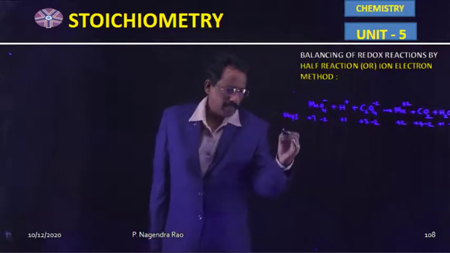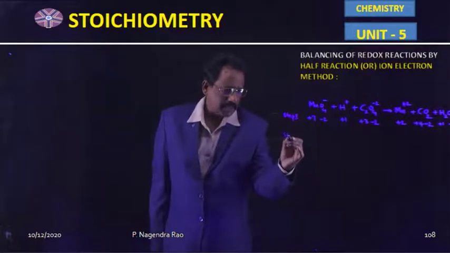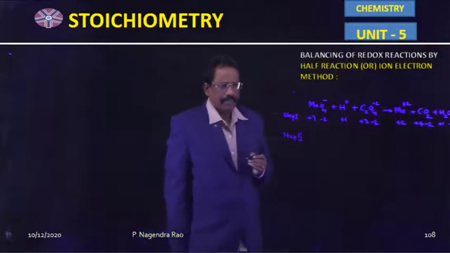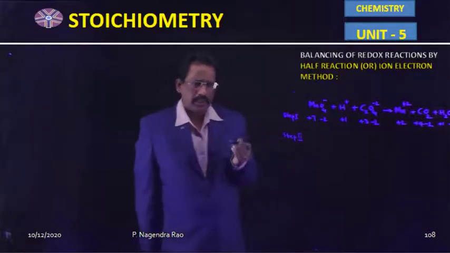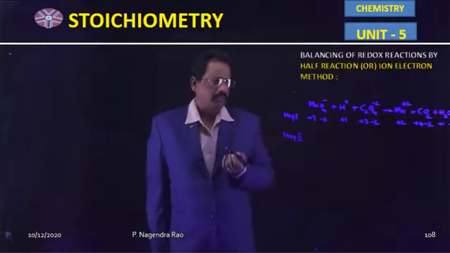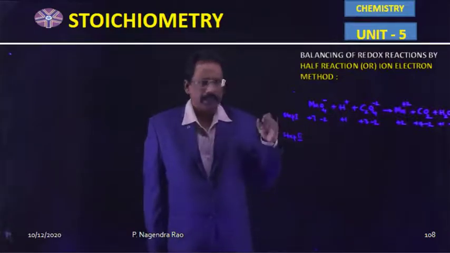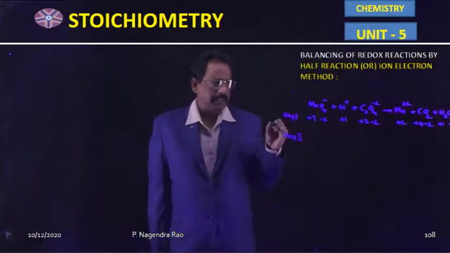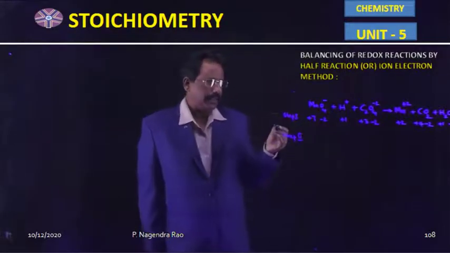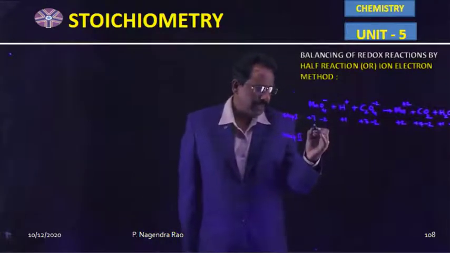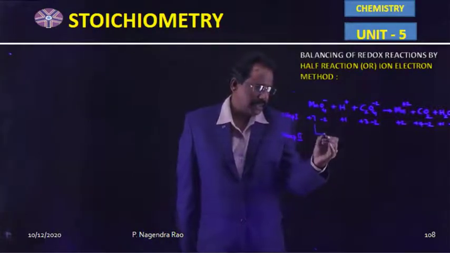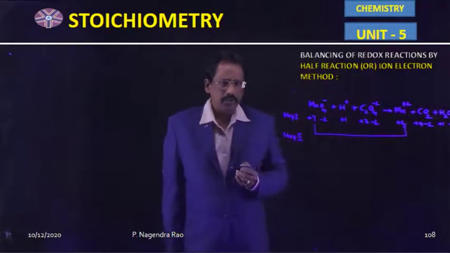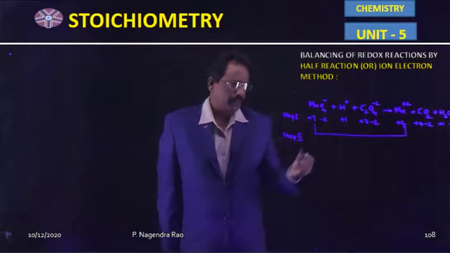And then the next step is to identify which elements are involved in the oxidation and reduction process by comparing the same element's oxidation number in the reactant side and the product side. And here Mn plus 7 is reduced to plus 2.